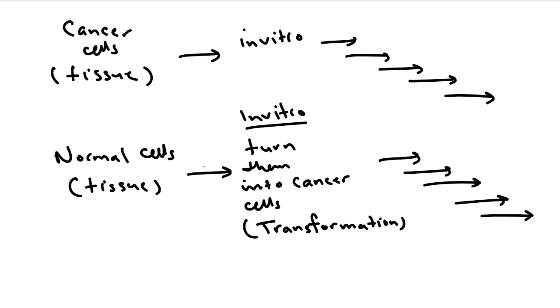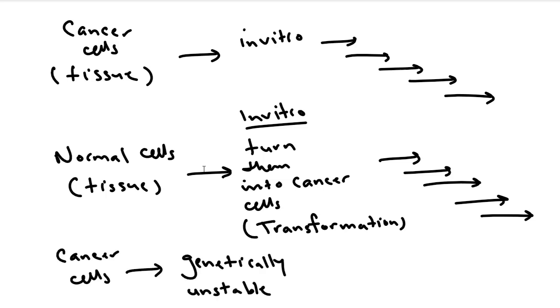Now there's a problem. Once a cell becomes cancerous, it gets this property called genetic instability. So cancer cells are genetically unstable. What does that mean? That means upon many rounds of division, at each division, the genotype will change, sometimes very slightly, but sometimes dramatically.